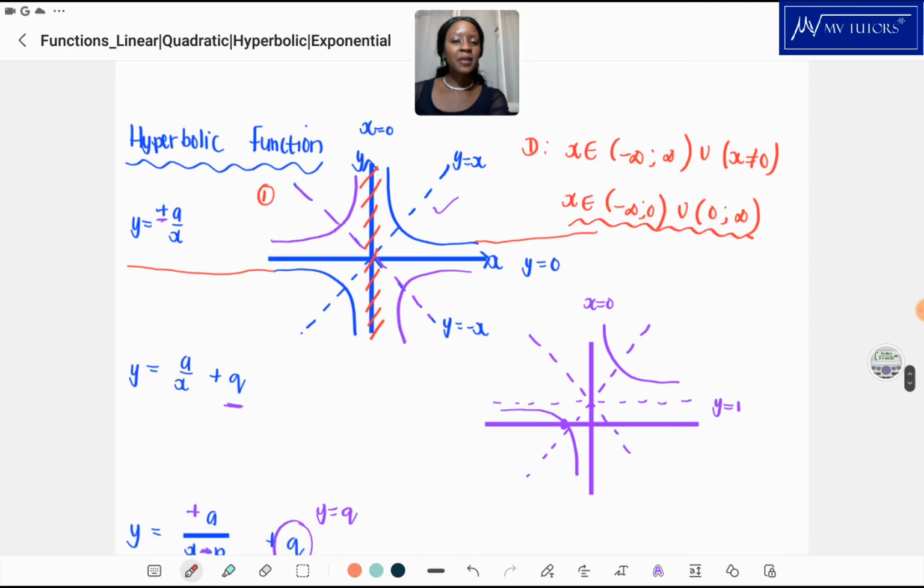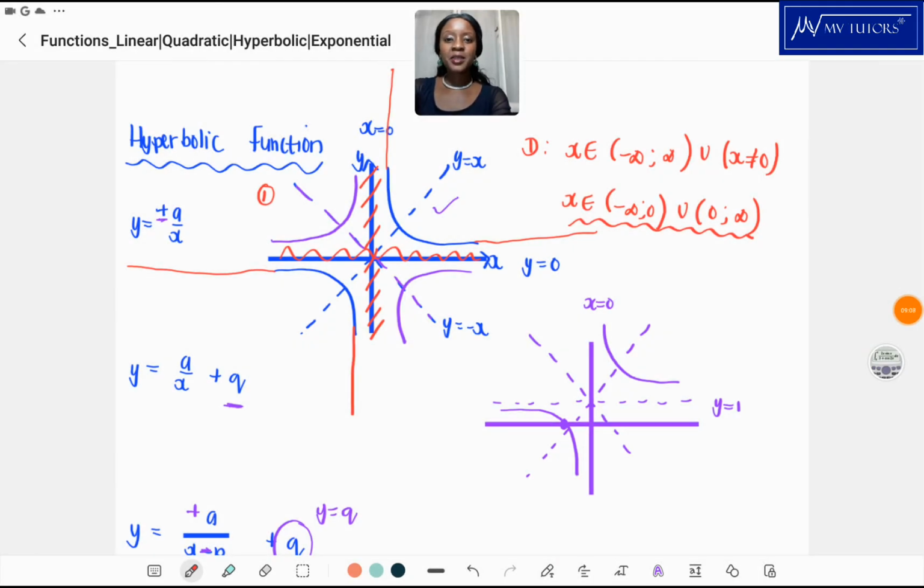And the same with the range as well. You see that the y values can go all the way to positive infinity, all the way to negative infinity. So the only thing then would be that it doesn't touch the x-axis. So you'd have to put there y is an element of, starting at negative infinity to 0, and again from 0 to positive infinity. That is quite important to note.